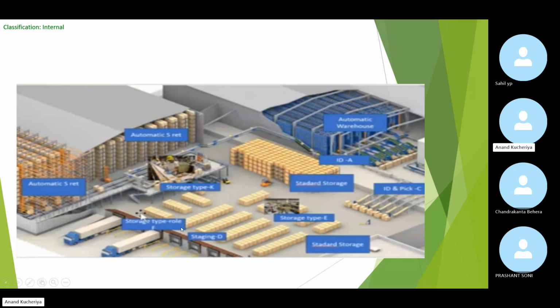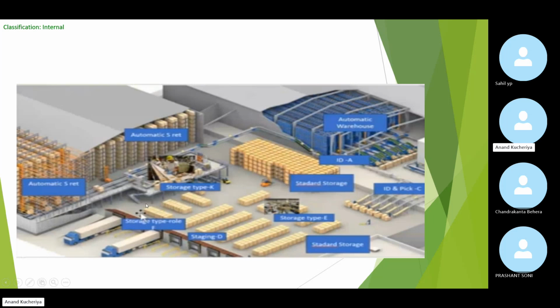These storage types belong to different storage type roles. For example, the storage type here is K, and this is the staging area. That means there is a role called D. These are the storage types that we have created. We need to create them as per the warehouse structure. For example, the materials that we are storing in this area will be a storage type, called the staging storage area.